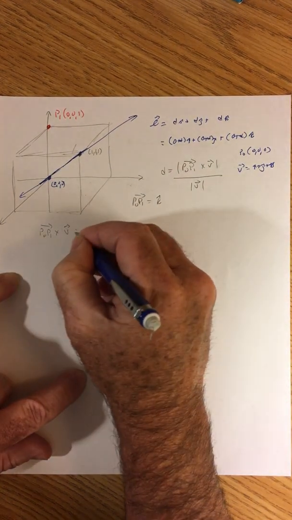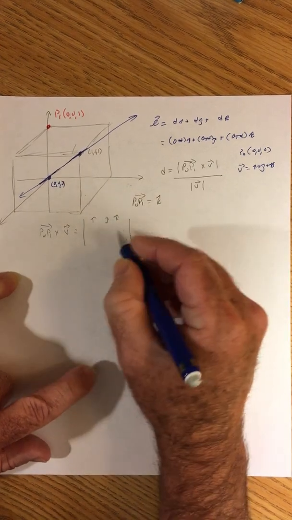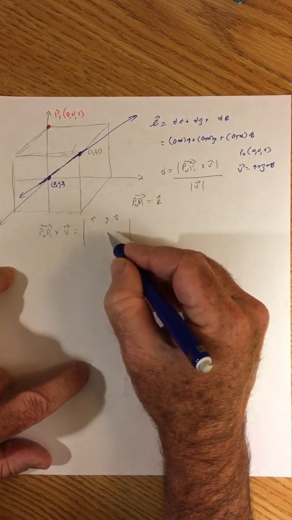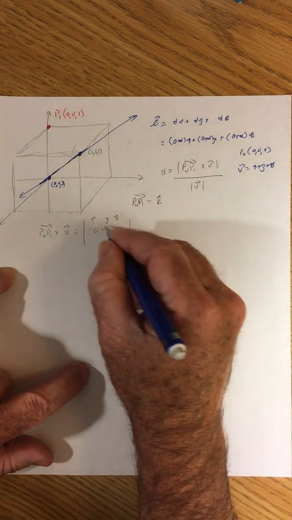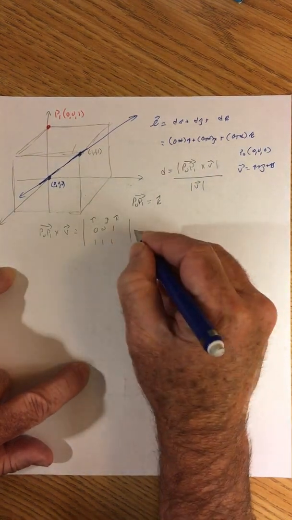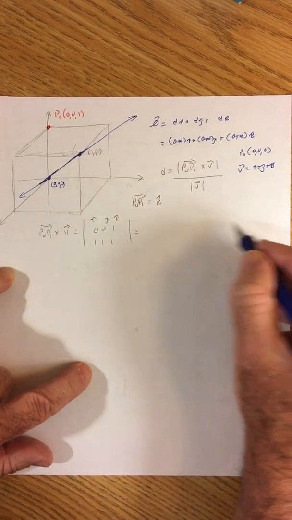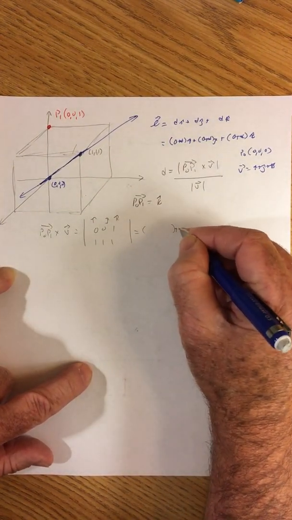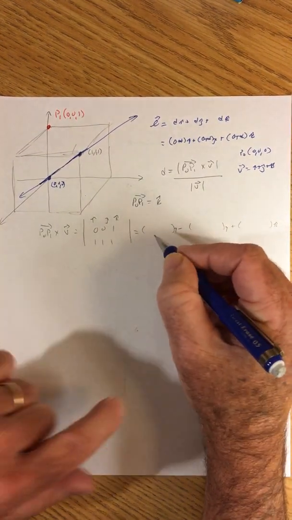All right, so the cross product, P0, P1. Now, this works out nicely because P0, P1, of course, is just K. All right, so we'll do this. I usually write the whole, well, let's write it out, because we have zeros this time.